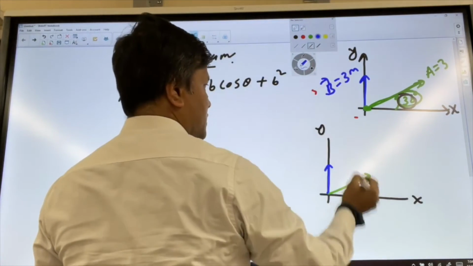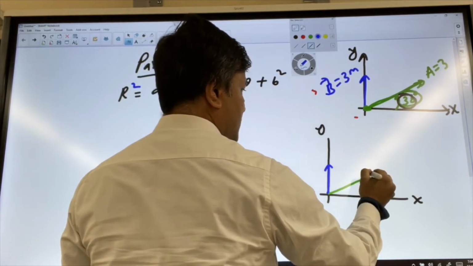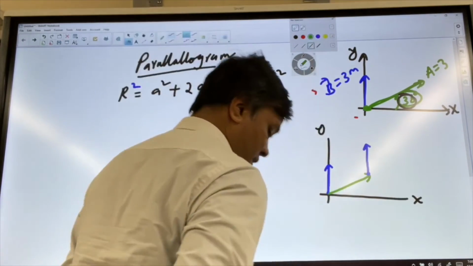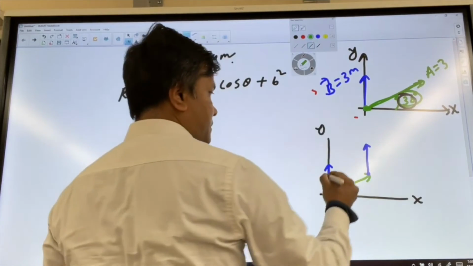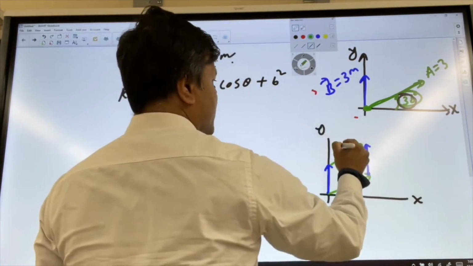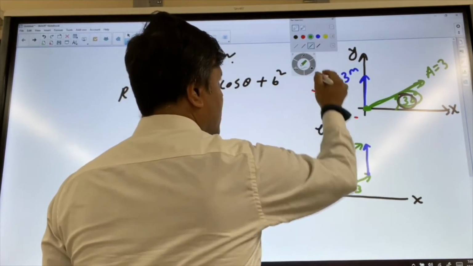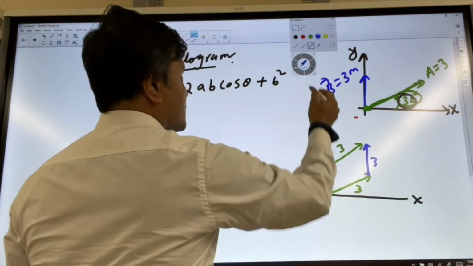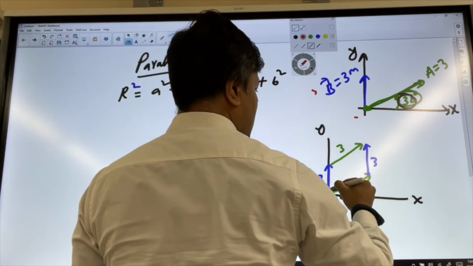So let's draw the vector b on top of vector a, and let's draw the vector a without changing the direction. Okay, so we have 3, 3, 3 and 3. So the resultant would be this one.